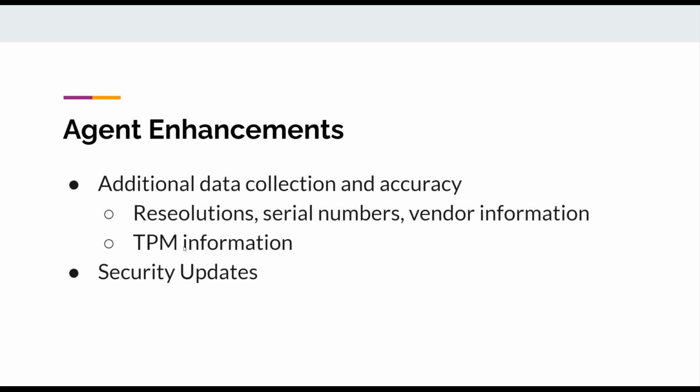There were sometimes issues with vendor information or serial numbers, or, when it came to displays, the ability to pull resolutions. We now have that updated. And we also had a security update for the agents, so it's important to redistribute and get those agents deployed.